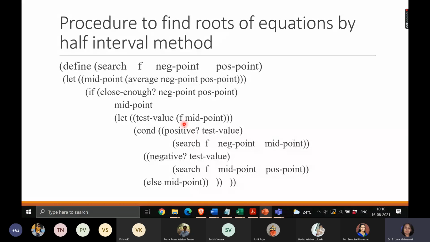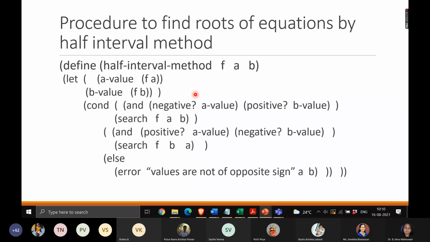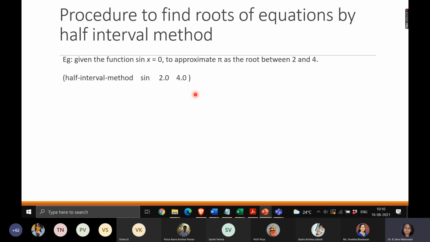That x is nothing but midpoint, always a computation of midpoint in each and every iteration. So I have called with a sine function. This is the way I can call. So we are talking about how to pass the function as one of the arguments. Here we are passing the function.